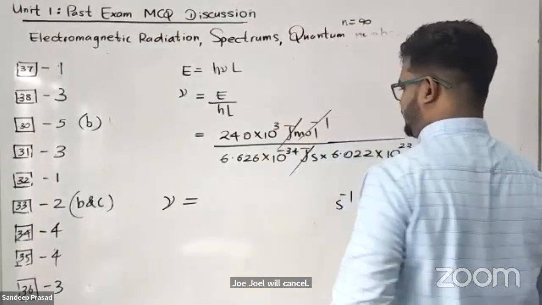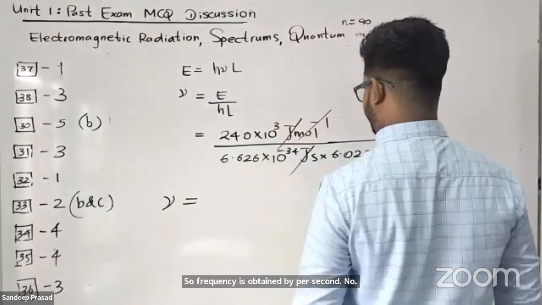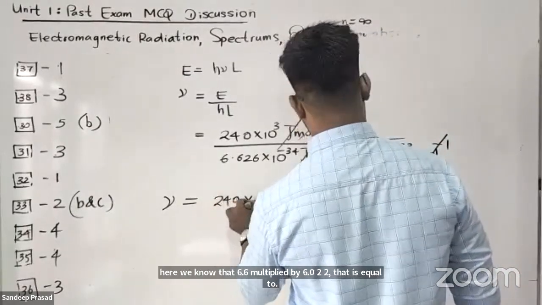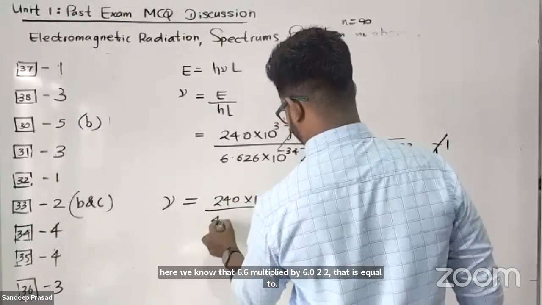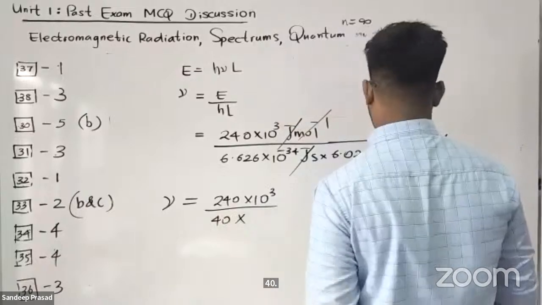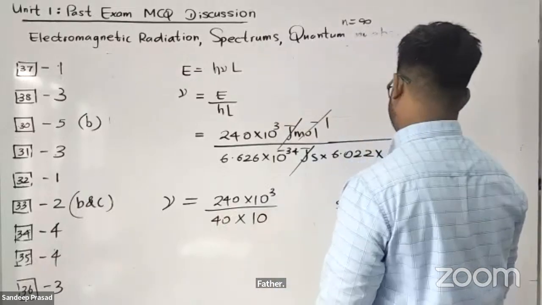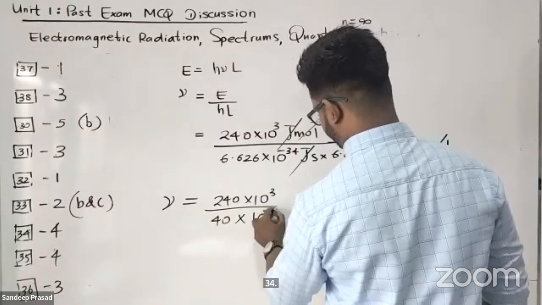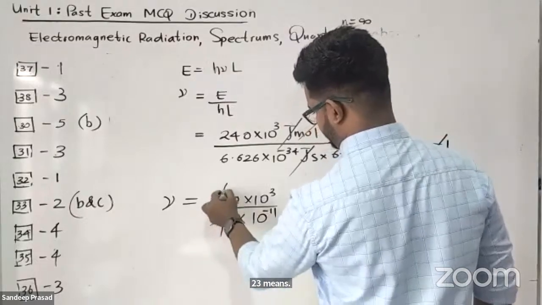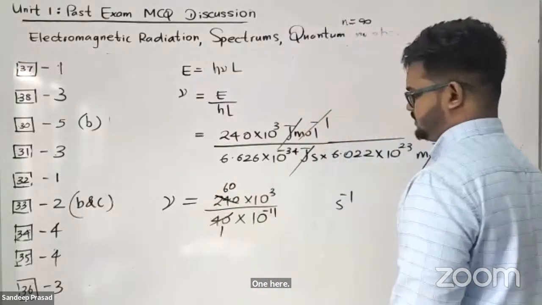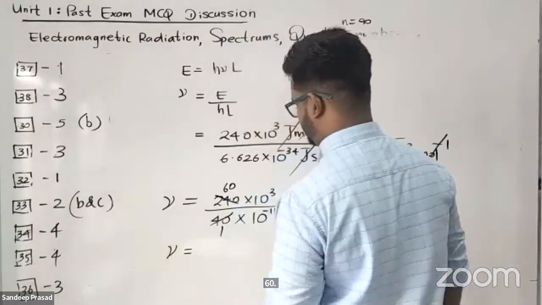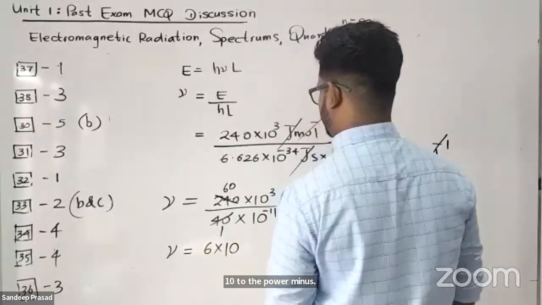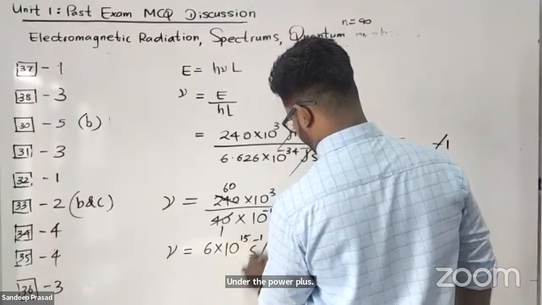Then here we know that 6.626 multiplied by 6.022 is equal to 39.9, but I'm taking this as 40 for our simplification. 10 to the power minus 34, 23 means minus 11. So therefore, nu equal 10 to the power plus 15 per second, hertz.